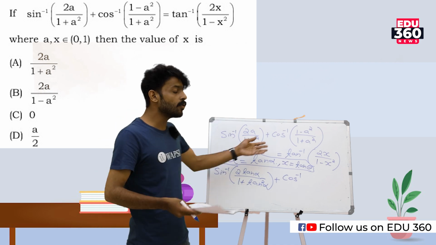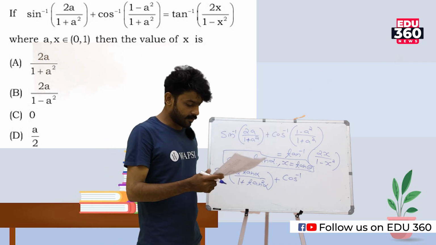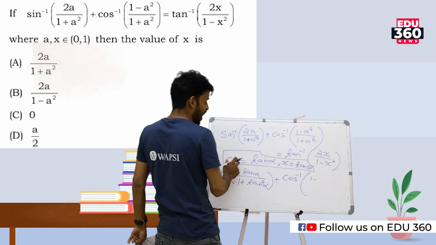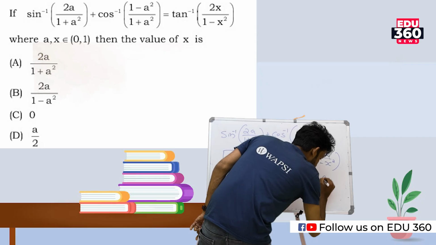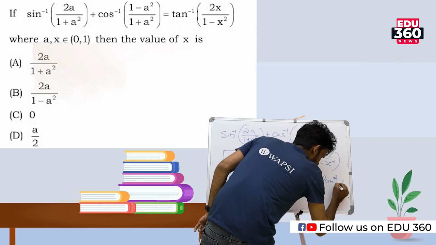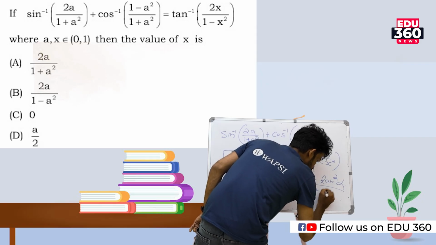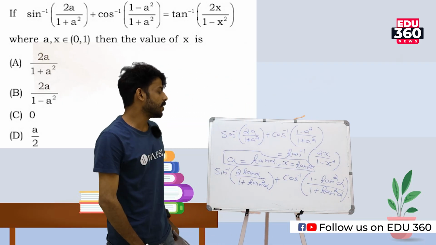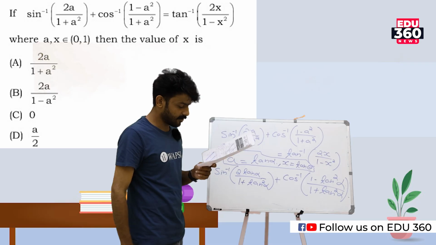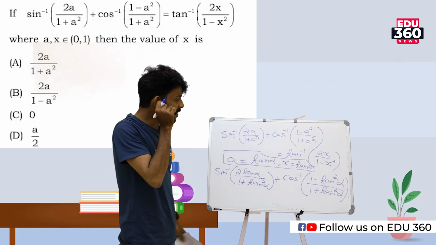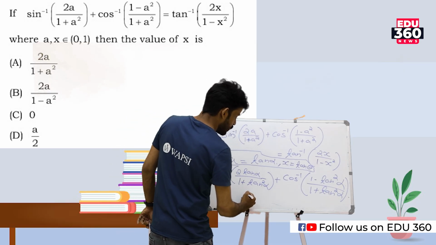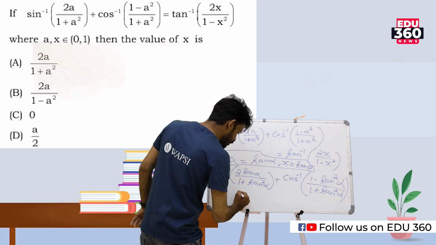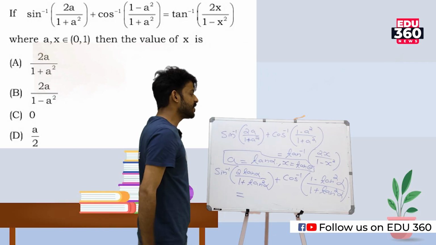First of all, we are going to work on the left hand side. So cos inverse of 1 minus tan square alpha divided by 1 plus tan square alpha. This all is the LHS, and this is equal to tan inverse.